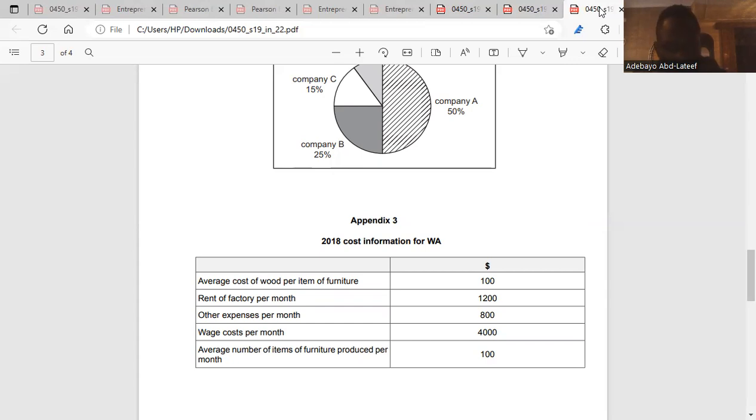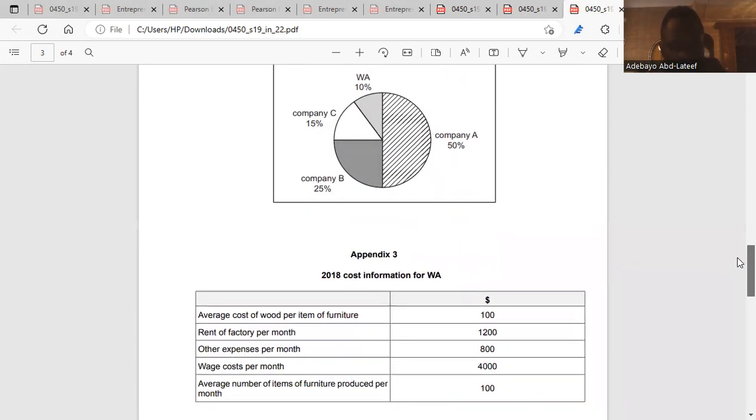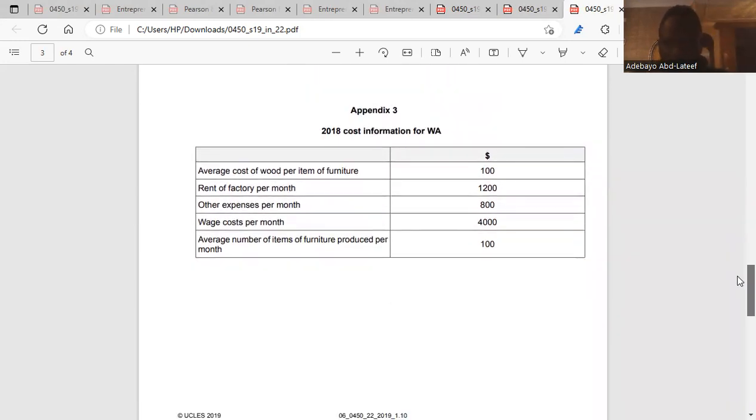The average number of items of furniture produced per month is 100. Market share, we don't need this.